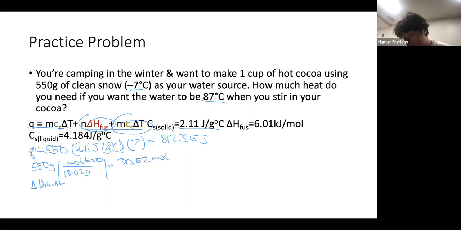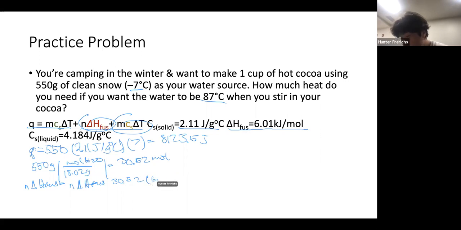Then you write out n delta H of fusion. So that would be 30.52 times your delta H of fusion value, which is 6.01 kilojoules per mole.